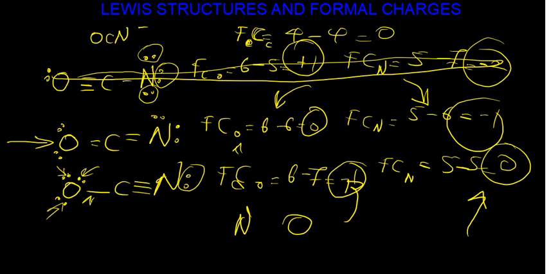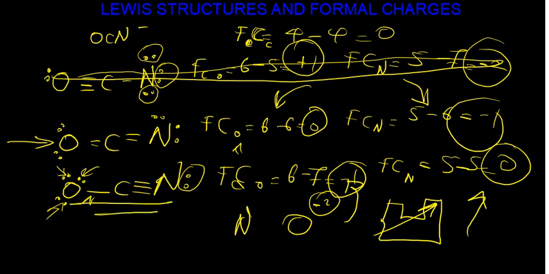So which one is true? So which one is the most electronegative? Electronegativity on the periodic table increases as you go towards fluorine, and oxygen is much closer to fluorine, so the negative should reside on the oxygen. Therefore, the compound where the formal charge is on the oxygen is here.